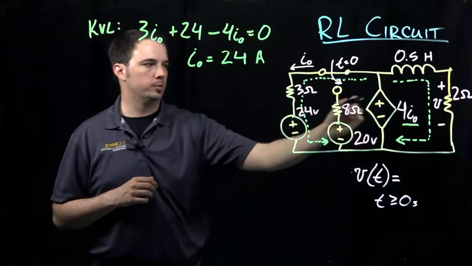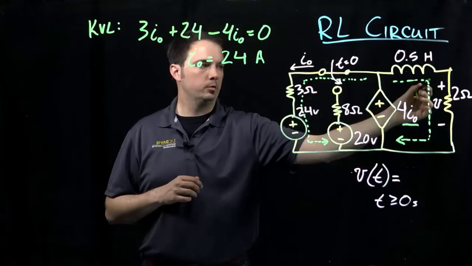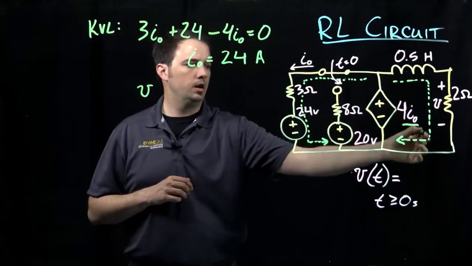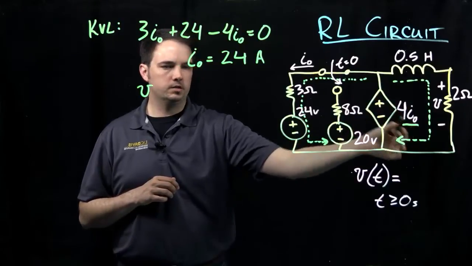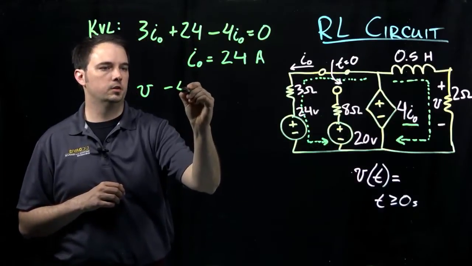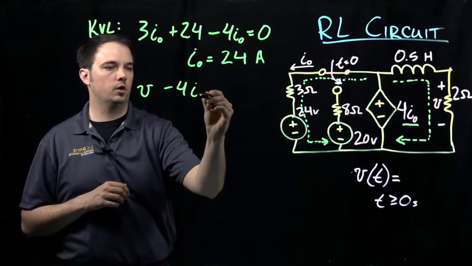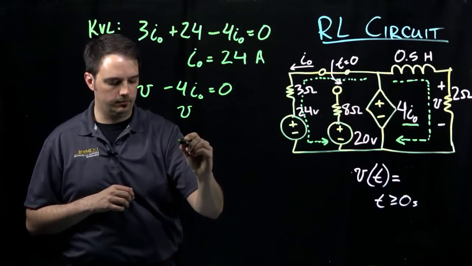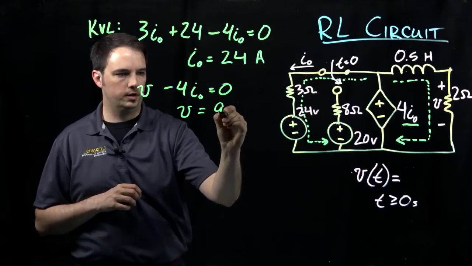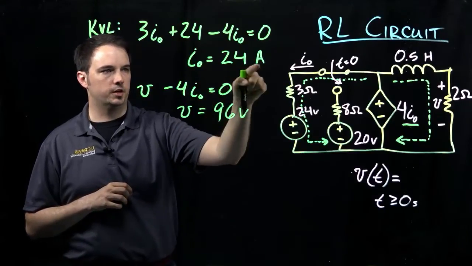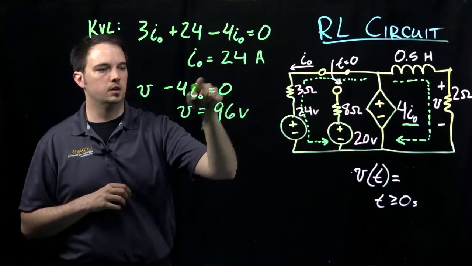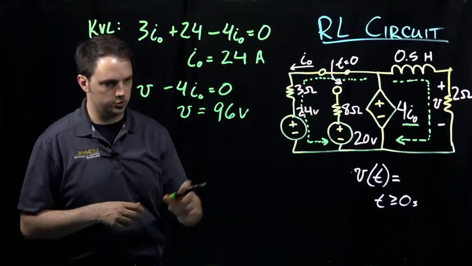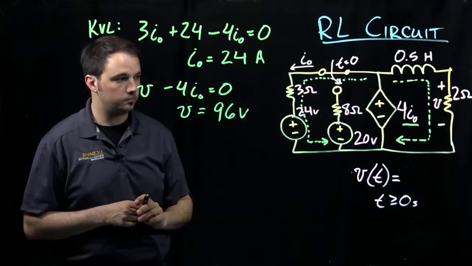So if we write a loop equation around this side, we just have the voltage V as our voltage drop coming around the loop, then a voltage rise across 4 I naught. That's V minus 4 I naught equals 0, telling me that my voltage here is equal to 96 volts. Taking the I naught we already found and plugging it into this expression gives me the initial condition for my voltage.